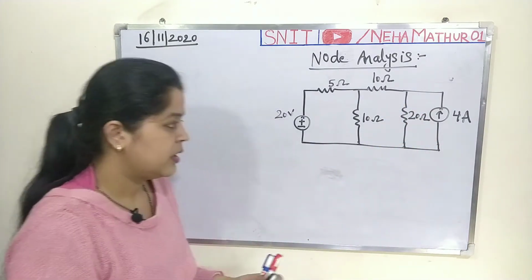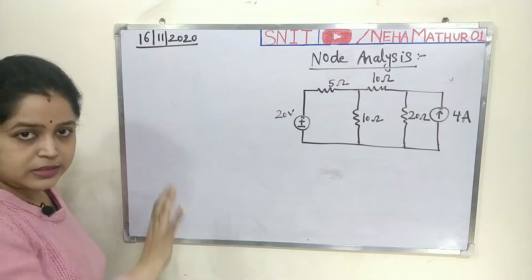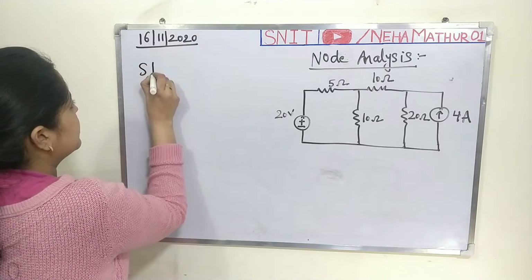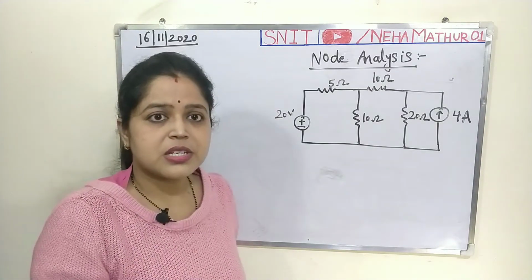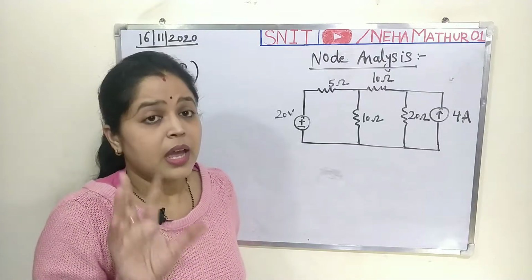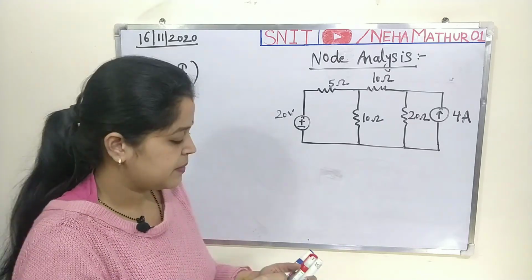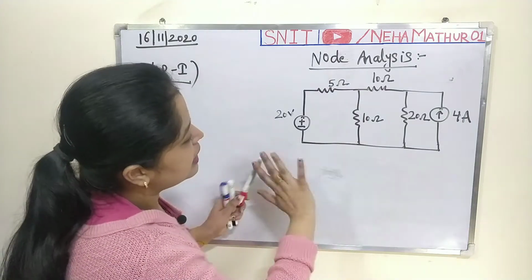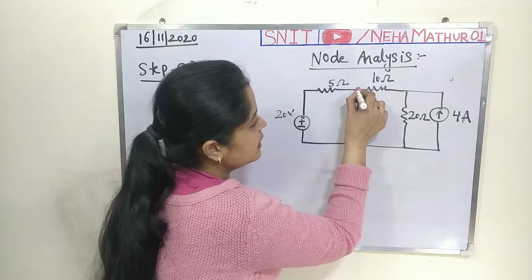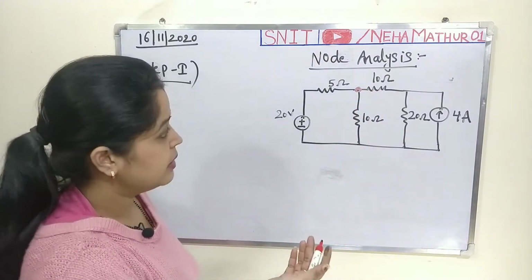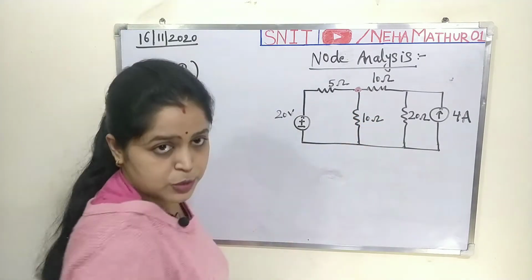Fine. So I am taking all the 4 steps one by one, and using all the steps to solve this question. As I told you, the first step is to identify all the principal nodes, and nodes are points where 3 branches occur. By analyzing this circuit, you can say this one is treated as a principal node, because here branches 1, 2 and 3 are connecting at this point.